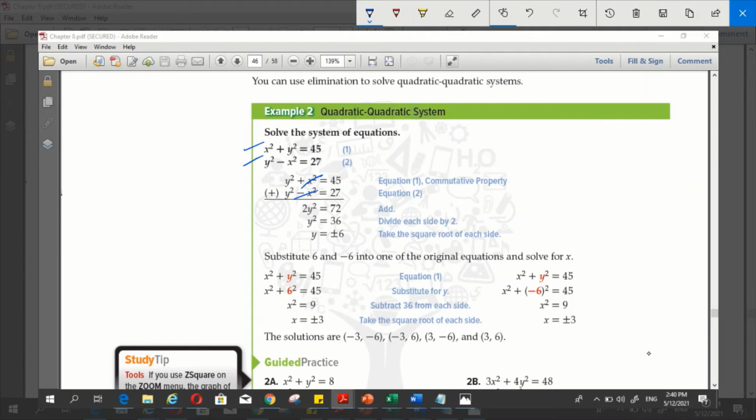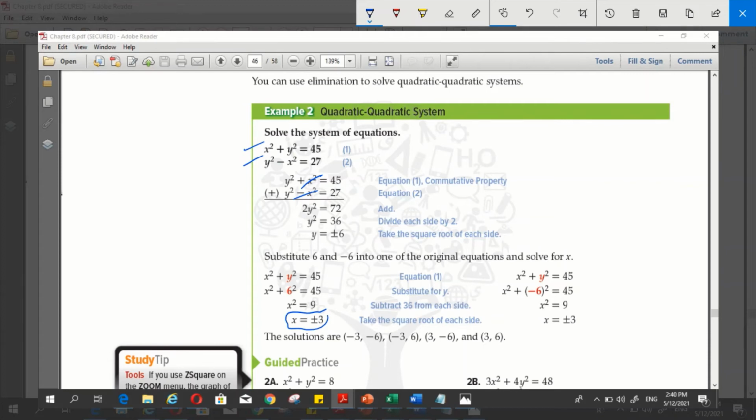Here we have two solutions for y, which are positive and negative 6. Substitute 6 and minus 6 into one of the original equations and solve for x. After substituting, you can see that x is equal to positive or negative 3.